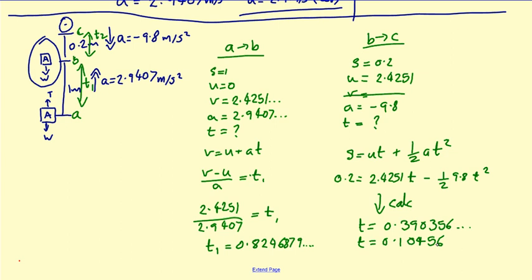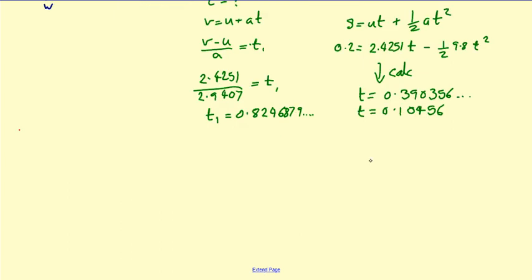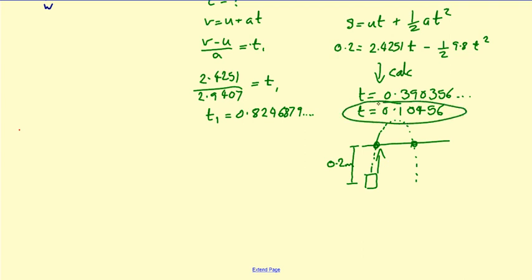Okay, so which of these two solutions do we want? Why have we got two? The reason we've got two is we've got this object here. We're trying to find out how long it takes to travel 0.2 meters. And it does that by rising and then falling. And so we get 2 times when it reaches that height. And we want the first time that happens, therefore t equals 0.18456.